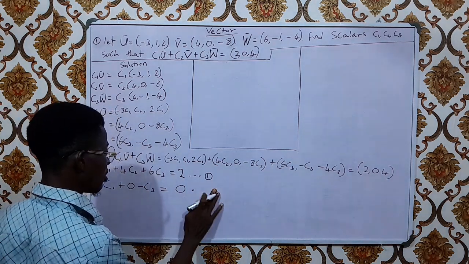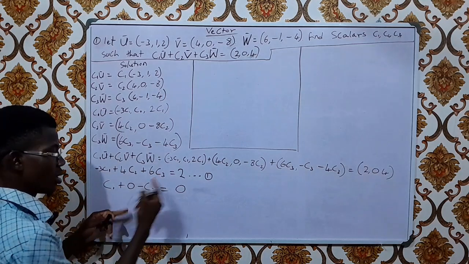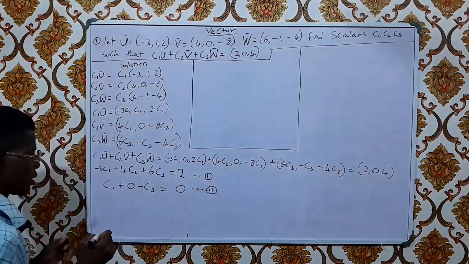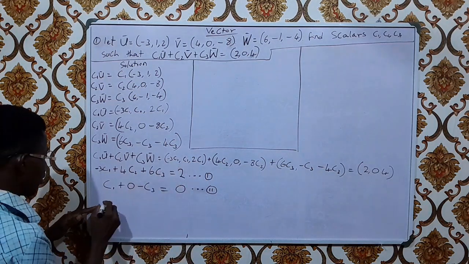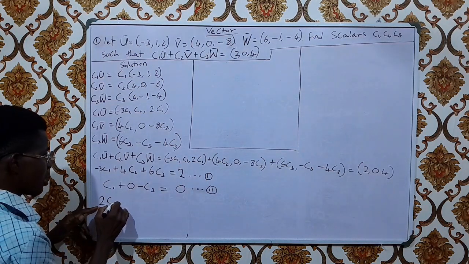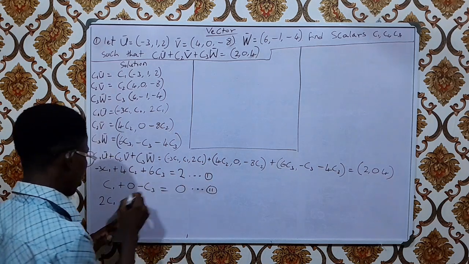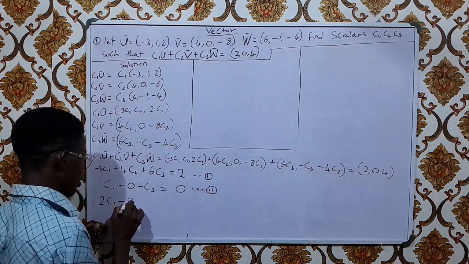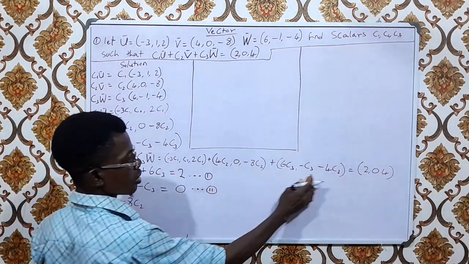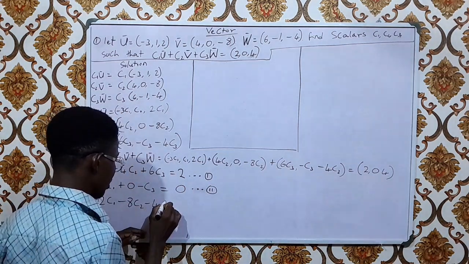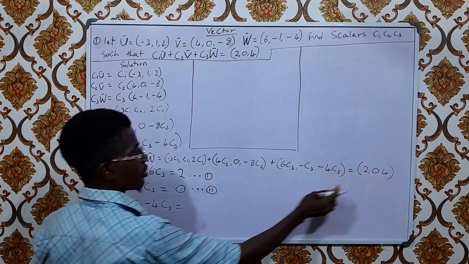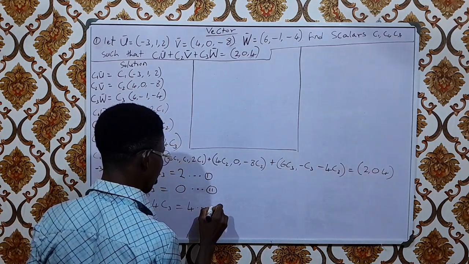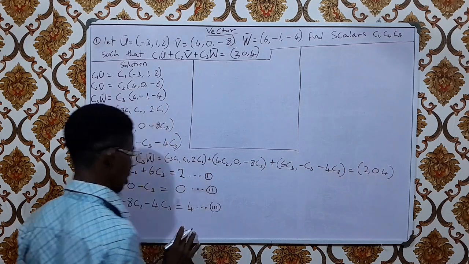Let's continue. When we reach that place, I'll put it. Now in 3, we have 2C1 minus 8C2 minus 4C3 will give us 4. We call it equation 3.